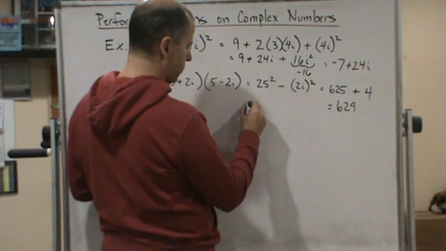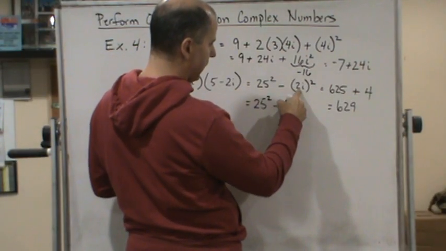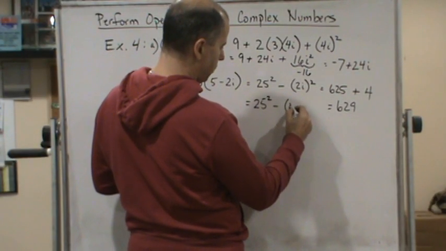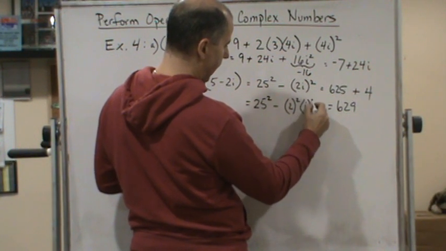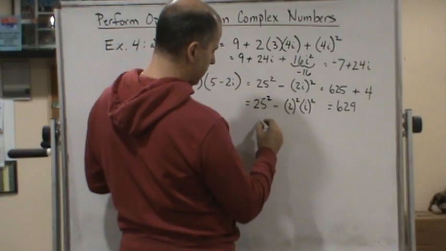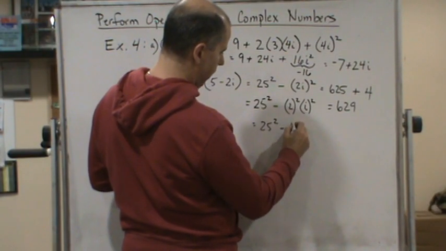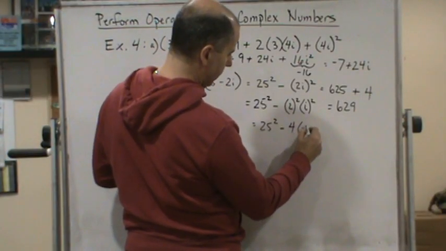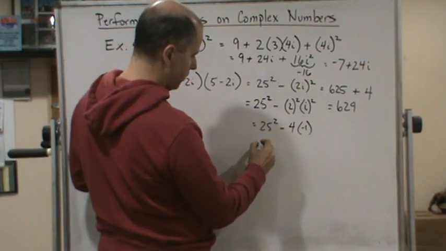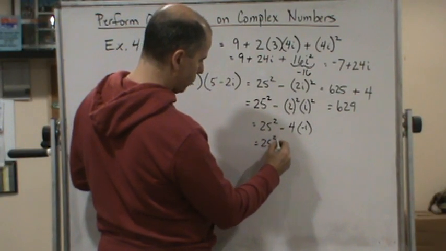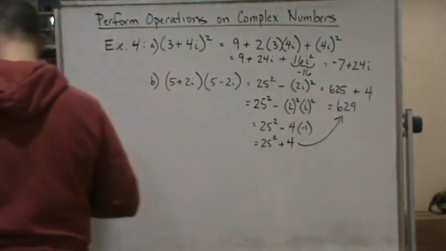So if you want to see this closer, this is 25 squared, and then this is going to be 2 squared times i squared, which is going to give me 25 squared minus 4, and i squared is negative 1, and the negative 1 makes this positive. So I get 25 squared plus 4, which gives me the 629.